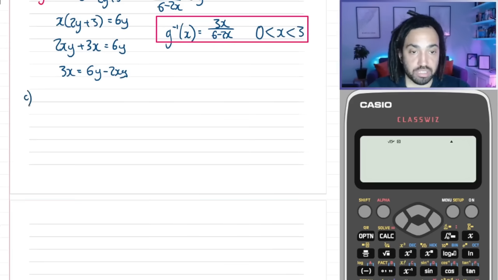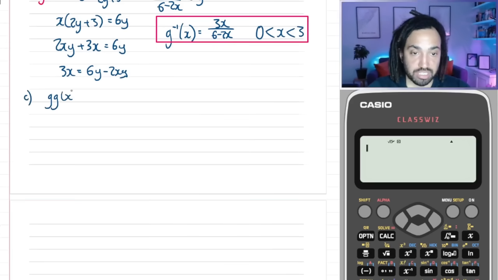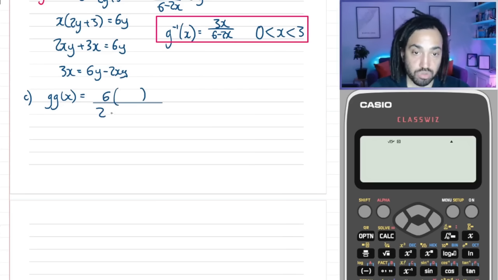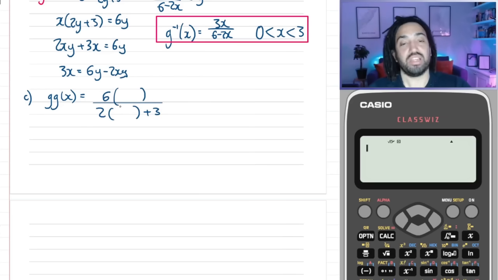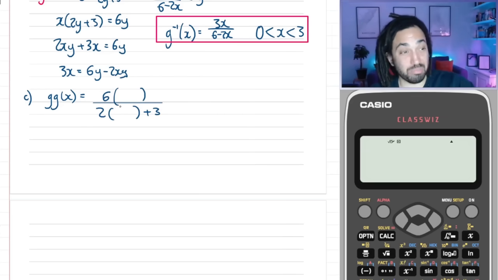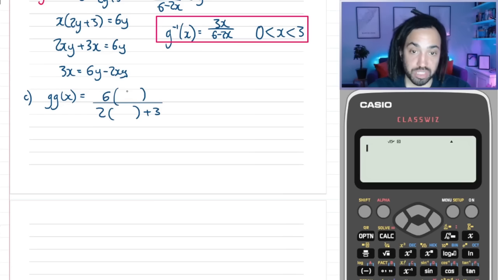So part C, g of g of x is going to equal, so it was 6x over 2x plus 3. But instead of putting x in, we're going to put g of x in itself, which was 6x over 2x plus 3.